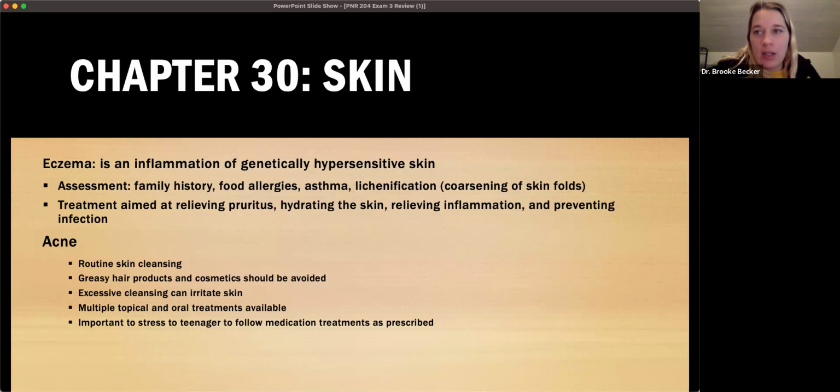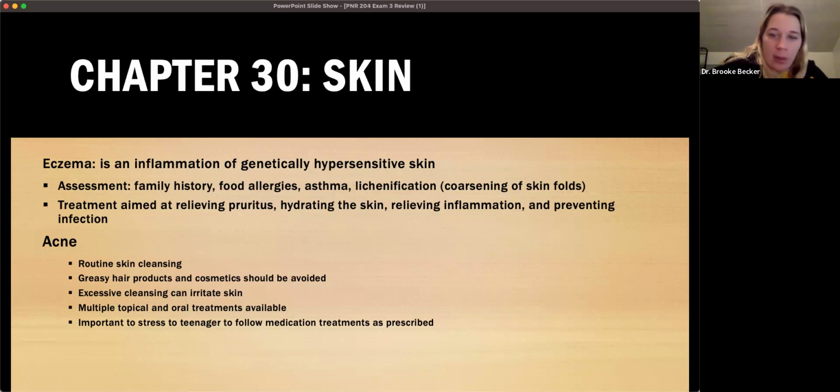So a lot of times these kids are going to be on antifungals, potentially, antibiotic creams, steroid creams, and then a good hydrating ointment like Vaseline or Vanicream or something like that. A lot of times the eczema really flares in skin fold areas just because of the moisture. So keeping that in mind as well, keeping those spots dry.